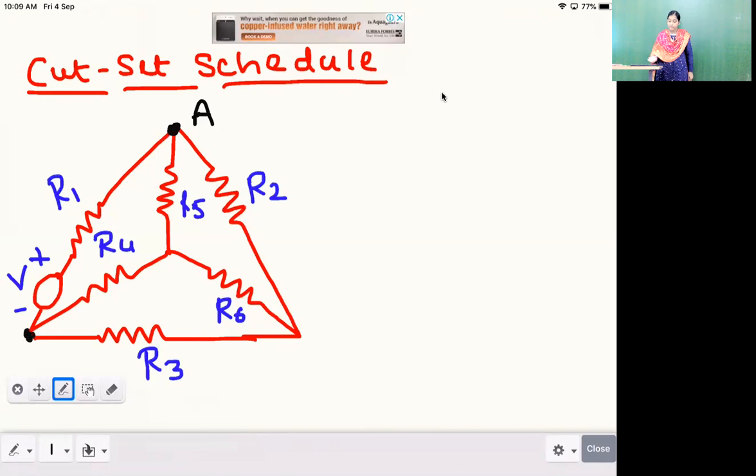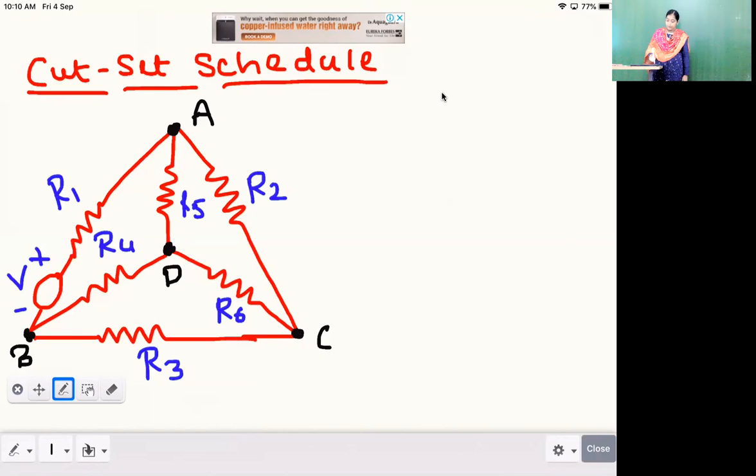This will be my second node, let us name it B. Similarly, to the right you have another node, let us name it C. Then R4, R5 and R6 are connected to a common point. This will become the fourth node, let us name it D. According to our node convention, we can identify that there are four nodes in the network.